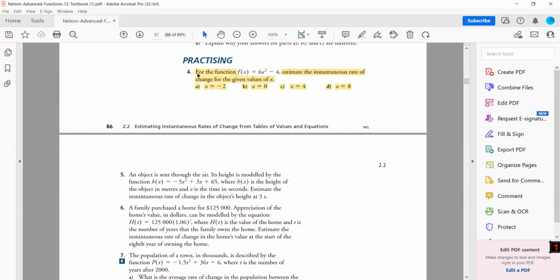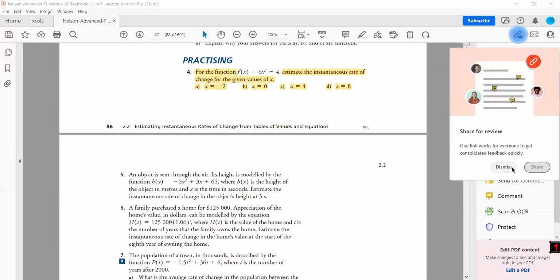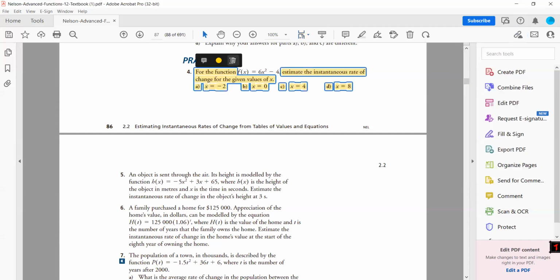Here we are asked to find the instantaneous rate of change for the given values of x for the function f(x) equals 6 times x squared, subtract 4. I would like to solve example B. So my value of x is 0.